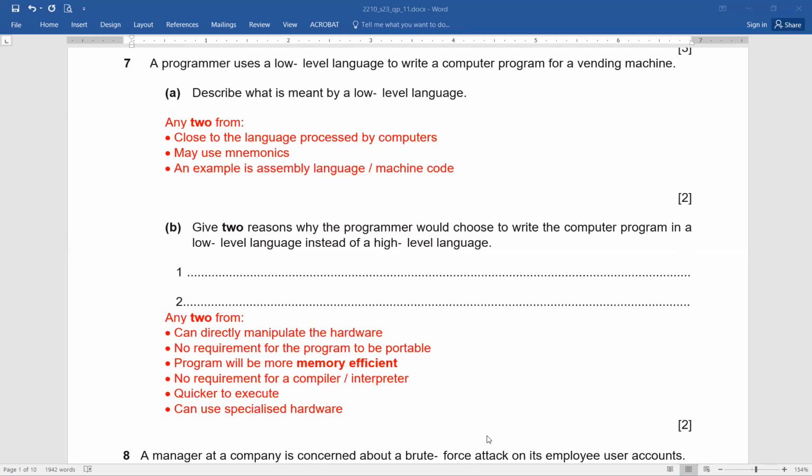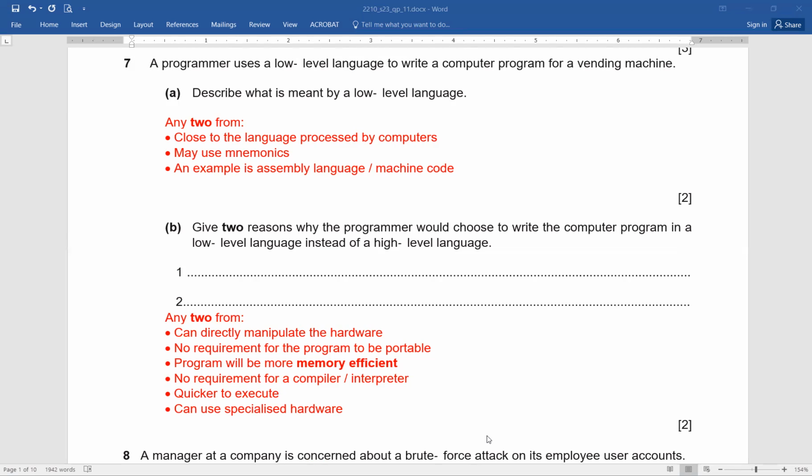Reasons why the programmer would choose. Now, they're just asking you the reasons. So out of these, there are certain things which are better as compared to high-level languages, which are advantageous. You can say quicker to execute.